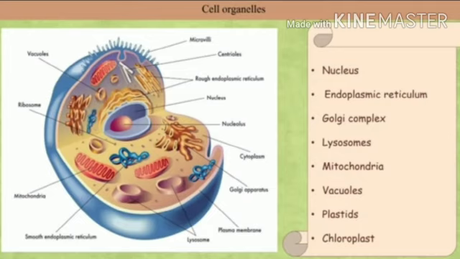Each organelle has its own lipoprotein membrane. Now except nucleus and chloroplast, all other organelles can be seen only with an electron microscope. So students, we will see all the types of cell organelles in detail in the next video.